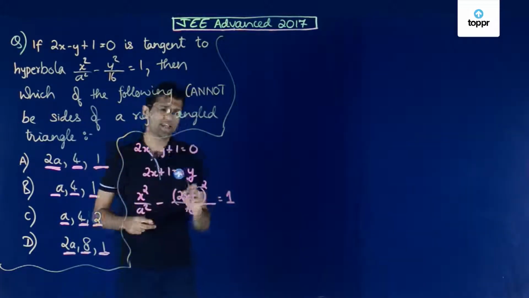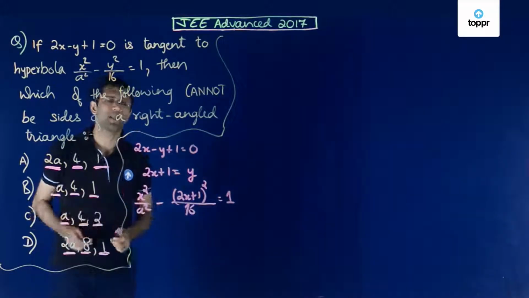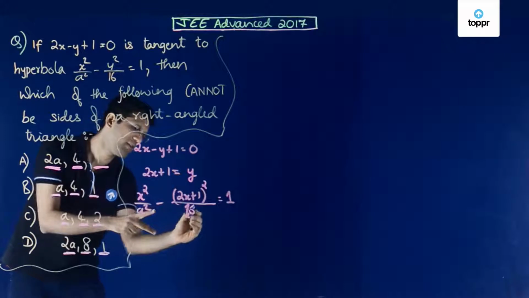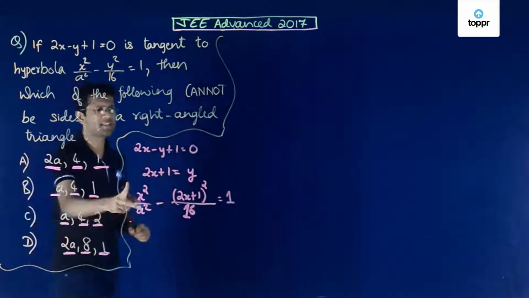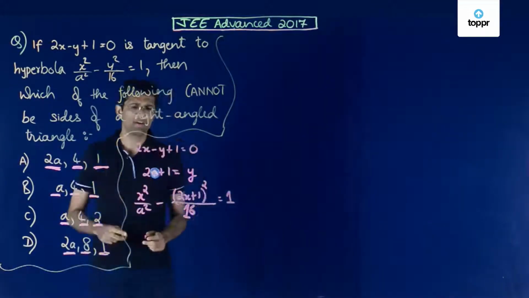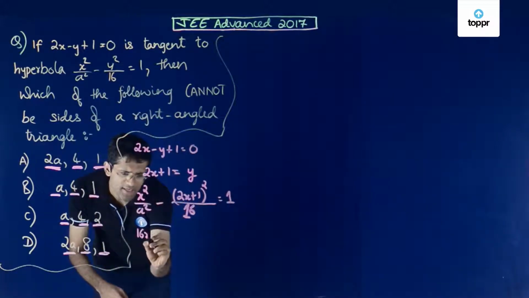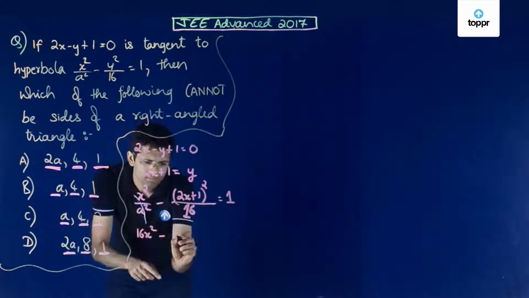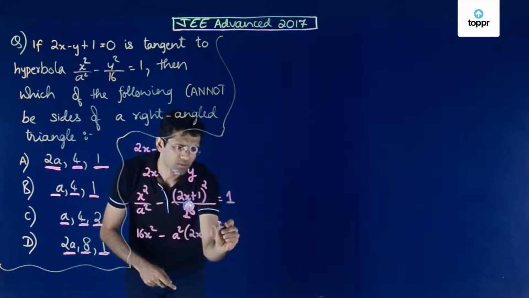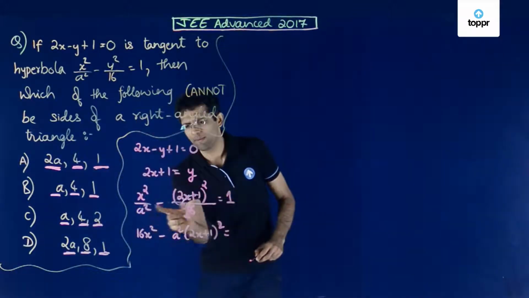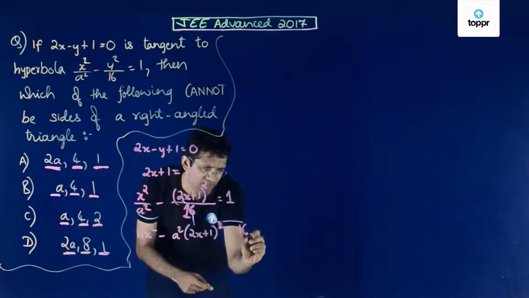Now note that in this case, we've been doing this replacement, and now we have to solve this equation and find the value of x. Now, to solve this equation, we will realize that this is a quadratic in x, and so if we try to solve it, we will first have to equalize the denominators. So we will now get 16x square minus a square into 2x plus 1 the whole square is equal to, now this LCM of these denominators becomes 16a square, which when goes on the right hand side becomes 16a square in the numerator.